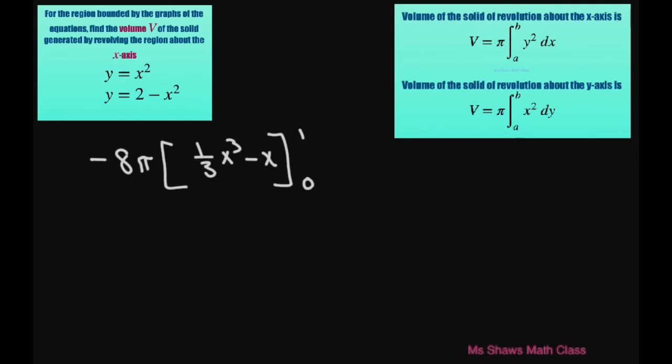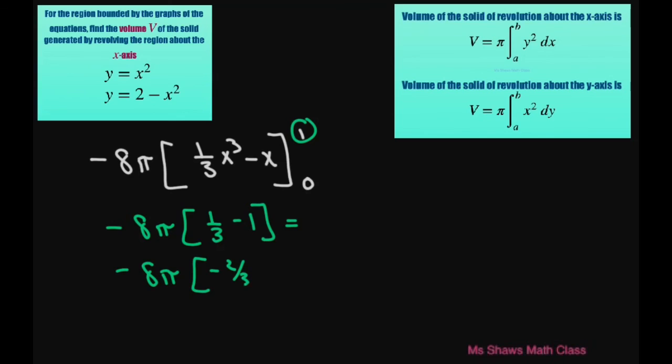Basically we only have to use the 1 because the 0 is going to zero it out. So we get negative 8 pi times 1/3 minus 1. And this is going to be negative 2/3. So our volume is going to be 16 divided by 3 times pi.